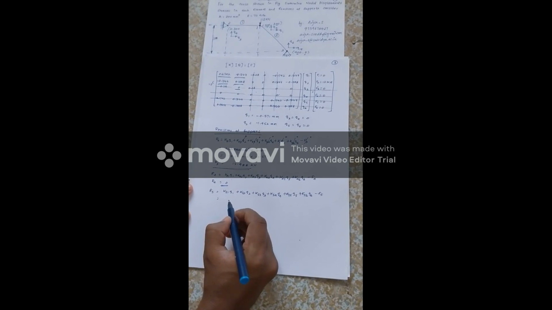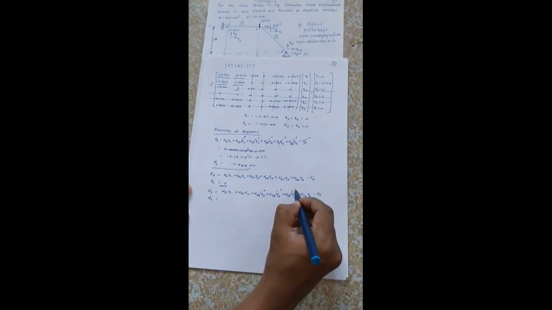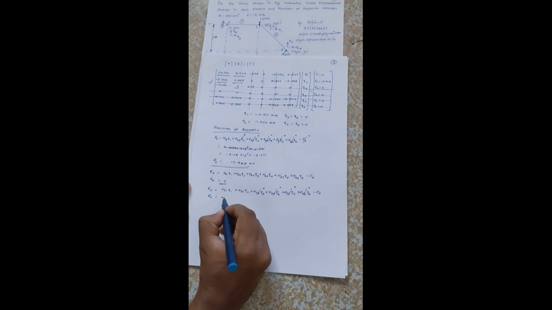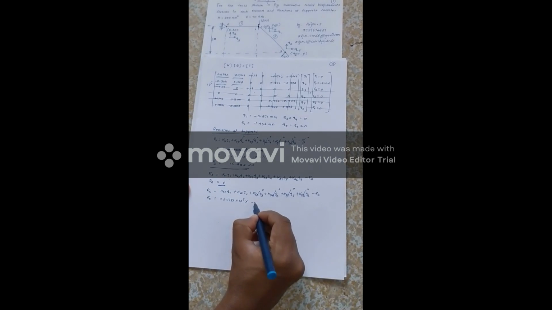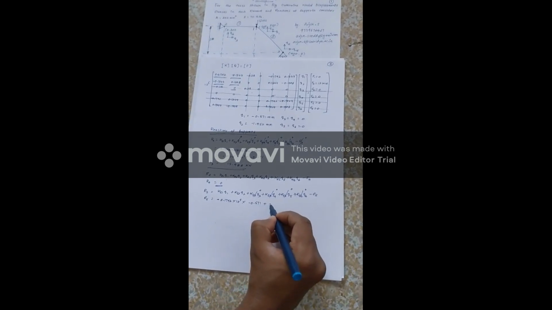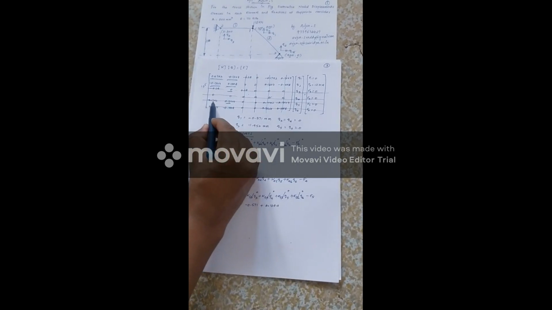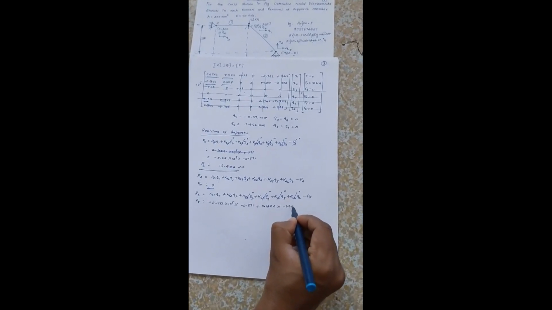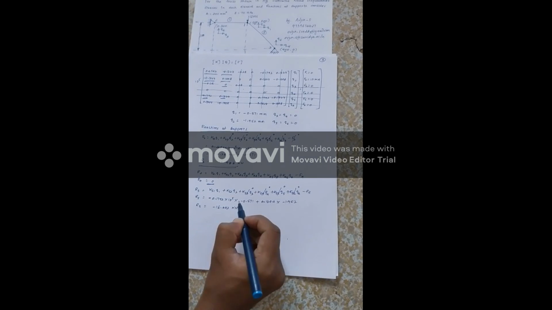So R5 can be taken as, since K51 is minus 0.1792 into 10 power 5, Q1 is minus 0.571, plus K52 is 0.1344, into Q2 value, which is minus 1.952. So the value of R5 that will be obtained is minus 16.002 kilonewton.